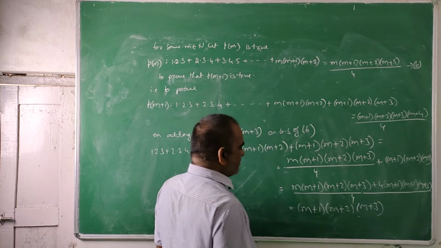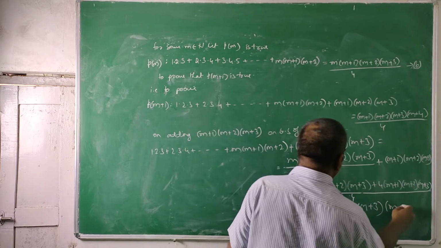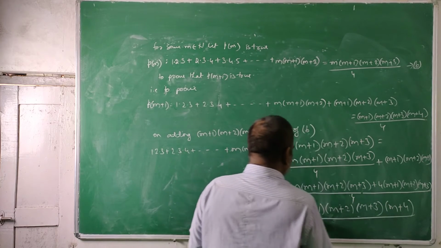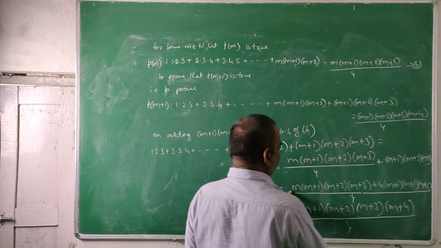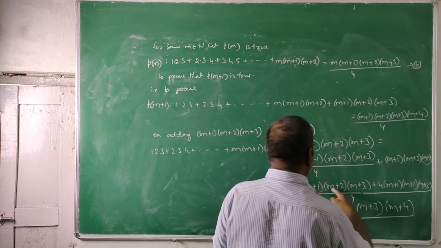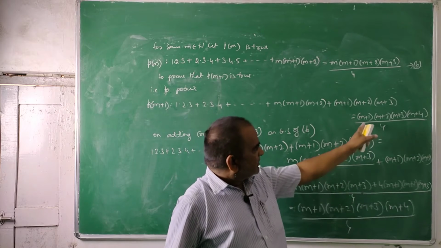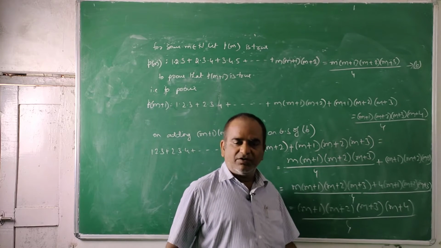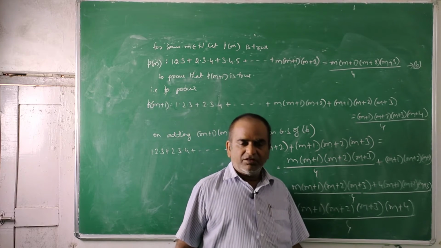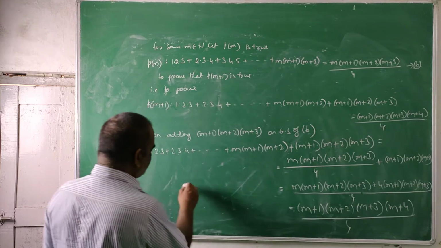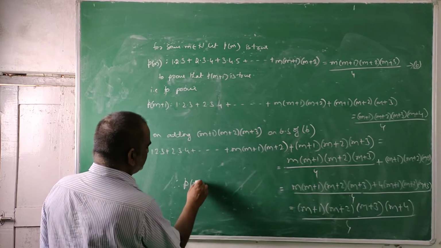So if you take common, then you will have m plus 4, because here there is m left over, here there is 4 left over. If you take this entire expression common, you get m plus 4. So see, the same thing you got which you are supposed to prove. So therefore P of m plus 1 is true.